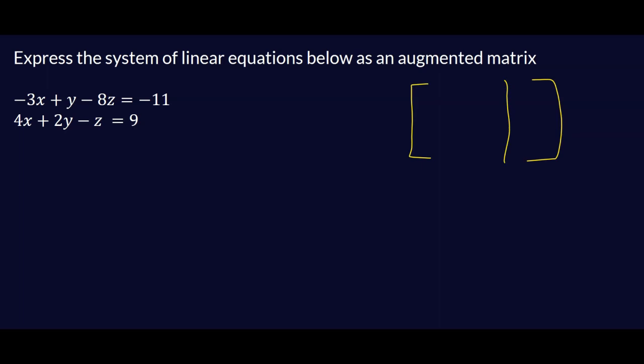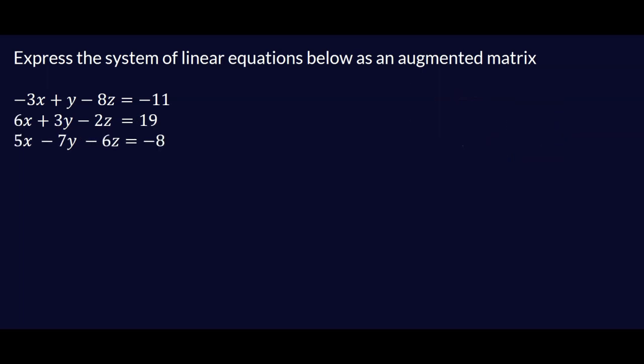I'm going to draw my vertical line to represent the equal sign. And this is going to be x, y, z. So this is negative 3, 1, negative 8, and this is negative 11. The second one is 4, 2, negative 1, and then we have 9.